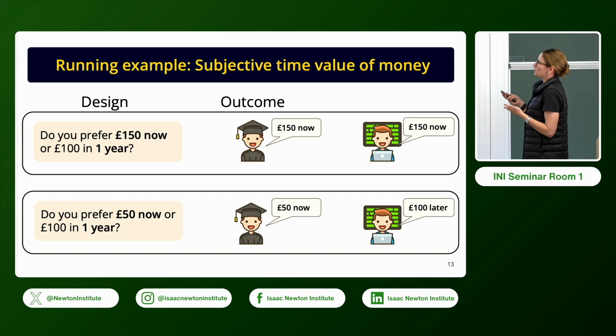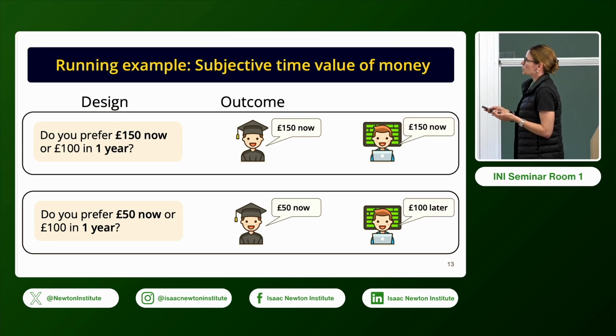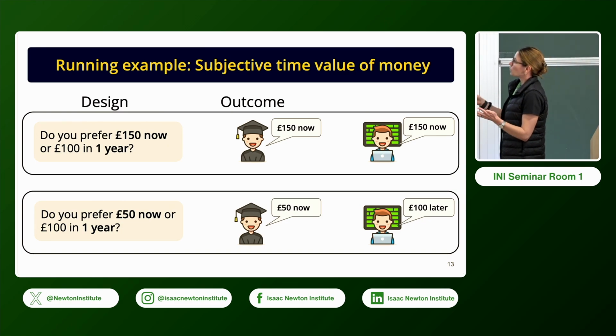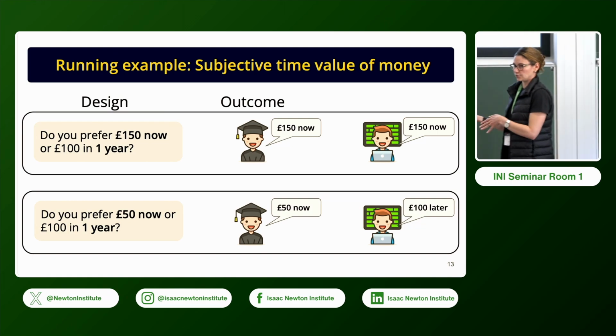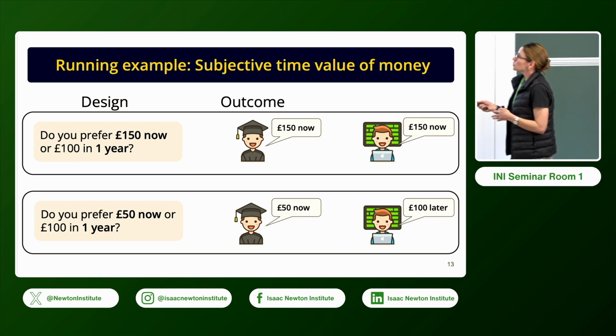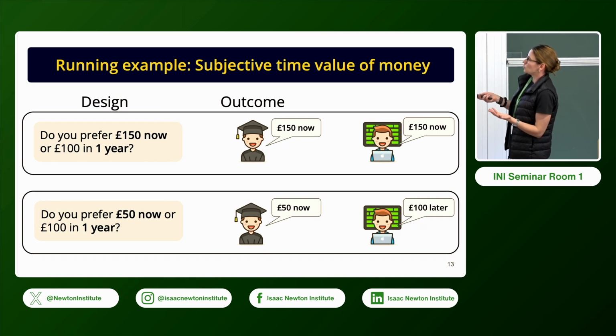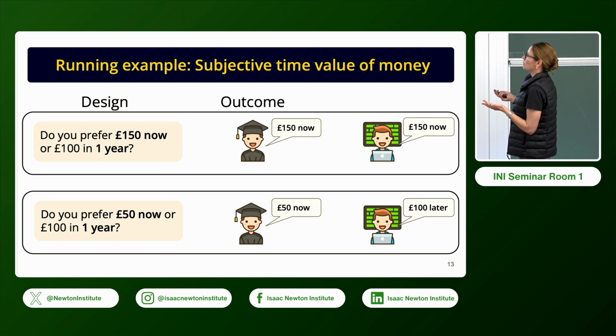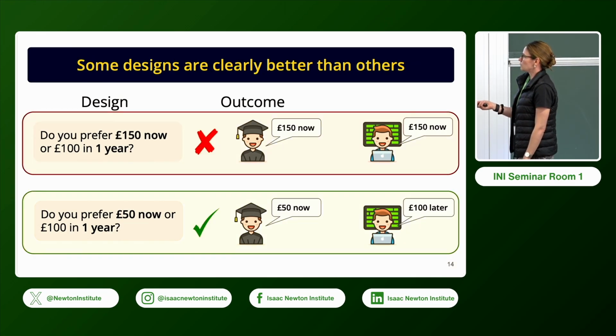And normally what people do is they ask questions of this form. Do you prefer some money now or some money later? Okay? And one possible design is to ask, do you prefer £150 now or £100 in 1 year? And another possible design is, do you prefer £50 now versus £100 in 1 year?